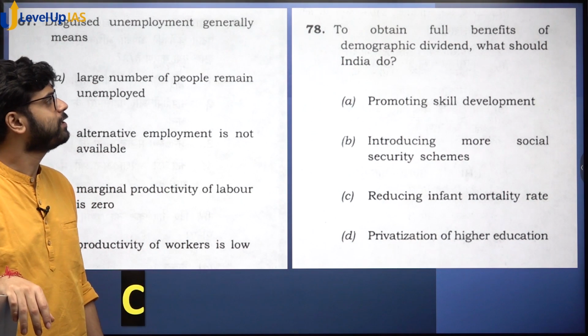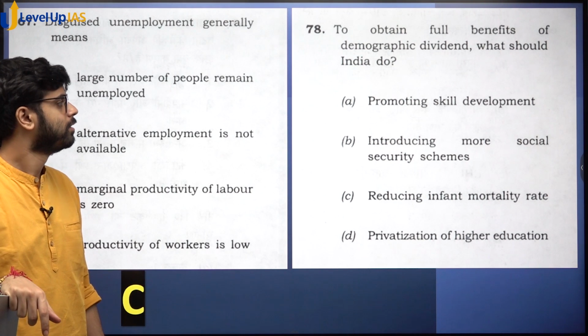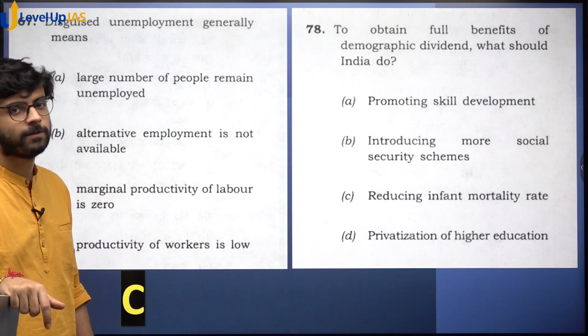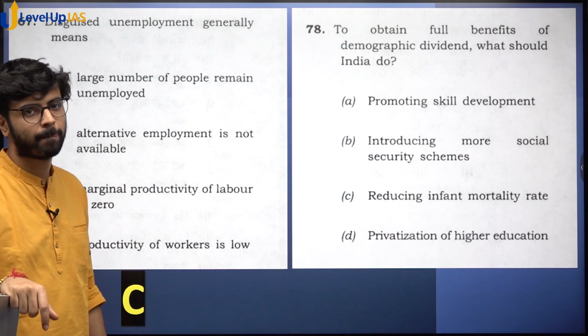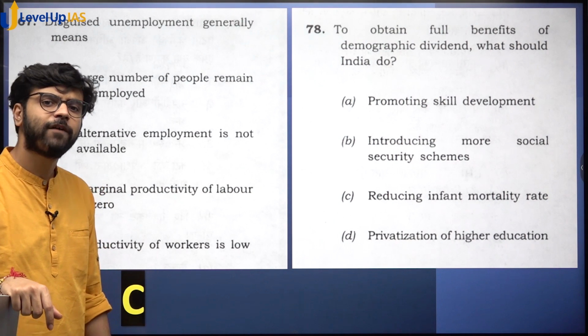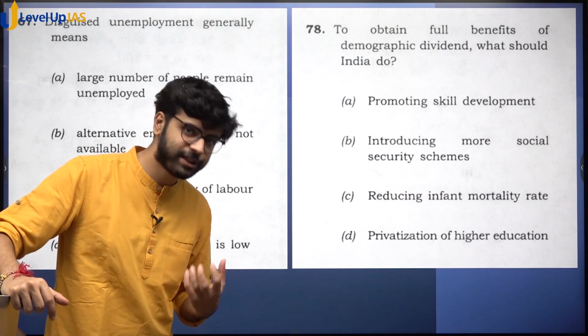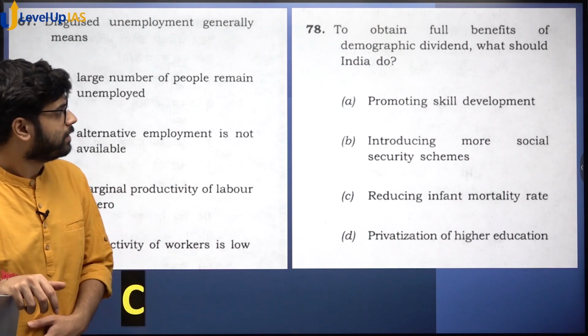To obtain full benefits of demographic dividend, what should India do? What do you think India should do? What is demographic dividend? Making the best use of our population. How do we make the best use of our population?